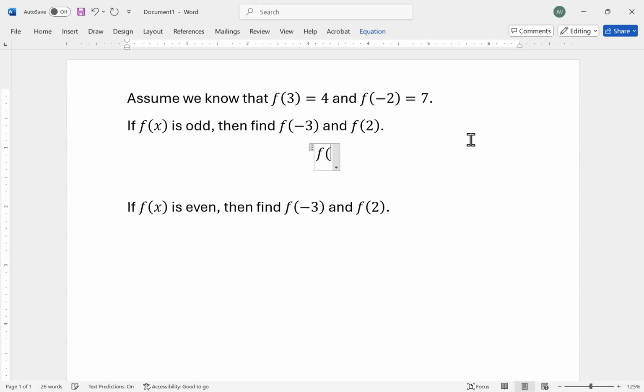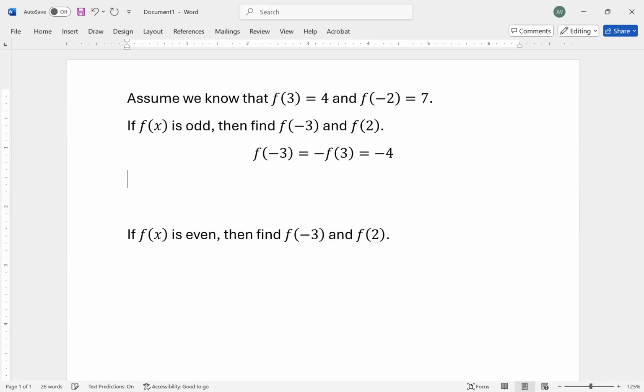Well, if my function is odd, since normally when I plug in 3, I get an output of 4, if I plug in a -3, I should get the negative of the output when I plug in a 3. So I should get a -4.